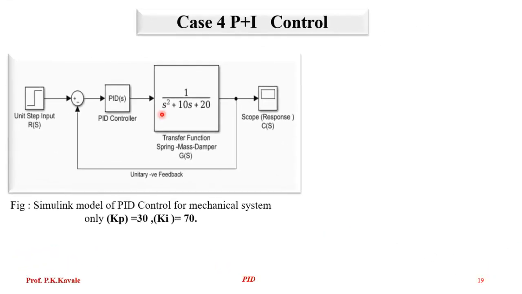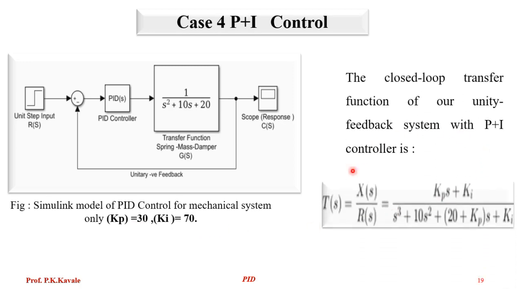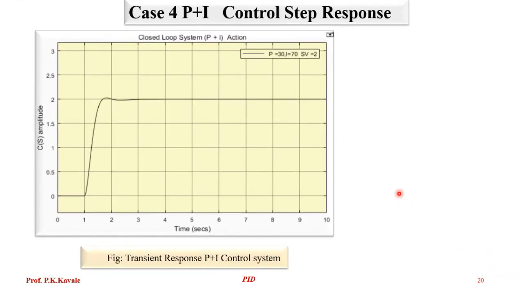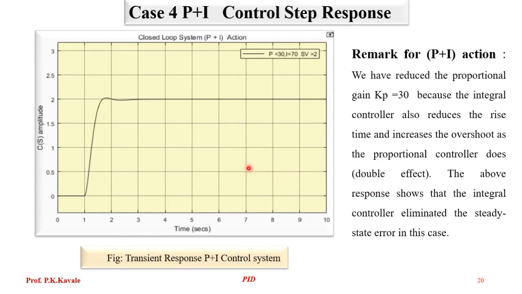Now instead of derivative control, we introduce the integral control, and we change the proportional value to 30 and the Ki value to 70. Finally we get a transfer function by block diagram reduction. When we run the system, we get an output response like this. In Simulink, we have reduced the proportional gain to Kp 30 because the integral controller also reduces the rise time and increases the overshoot, as the proportional controller does.